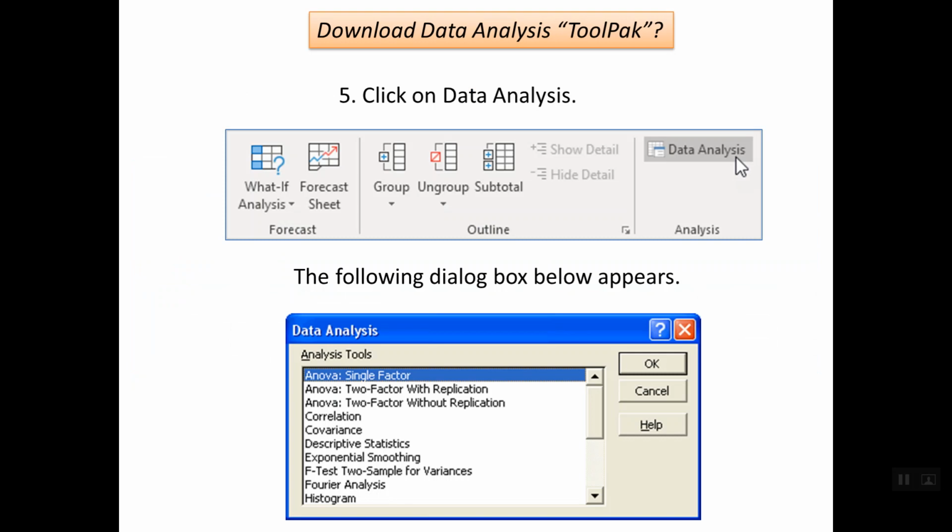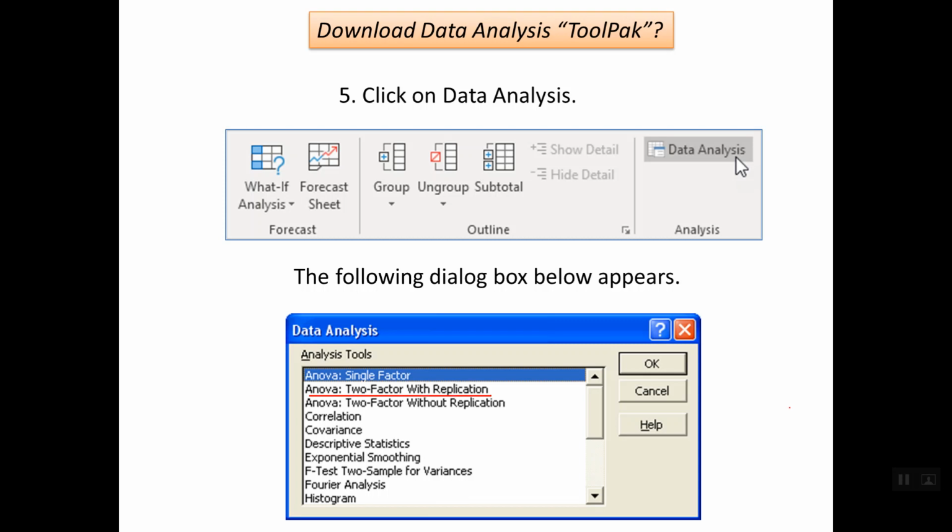After clicking the data analysis, you should have the following dialog box, which contains many of the analysis tools, like ANOVA single factor, ANOVA two factor, correlation, covariance, and so on. Regarding the ANOVA single factor, I have presented it in a previous video. You can return back to it. But now our selection is the second selection, which is the ANOVA 2 factor with replication.